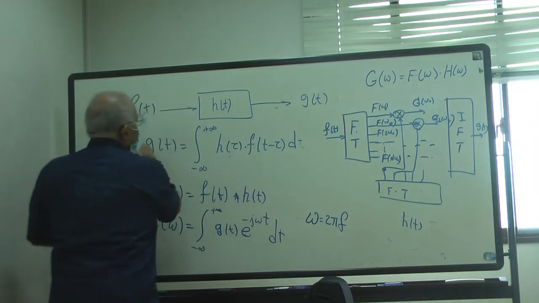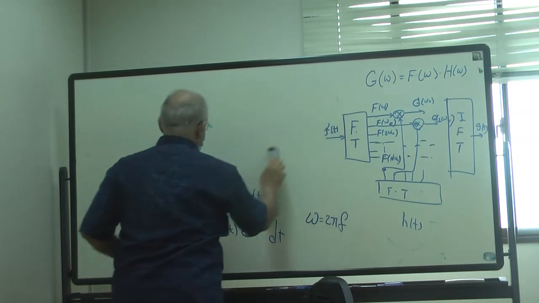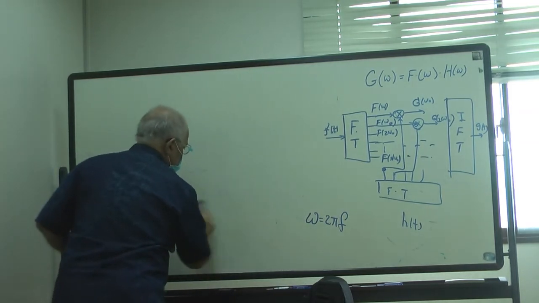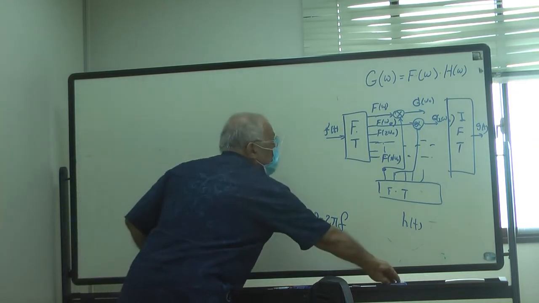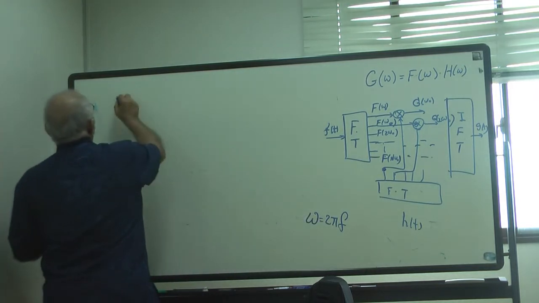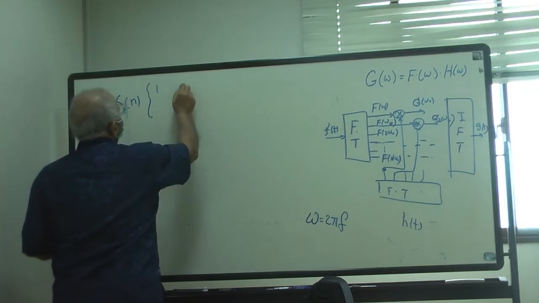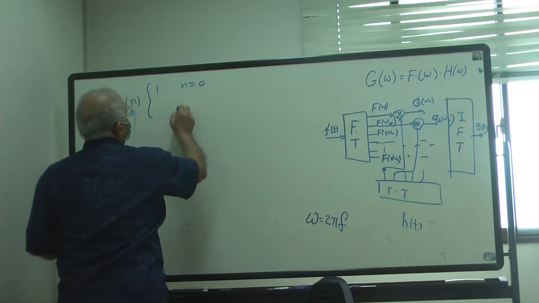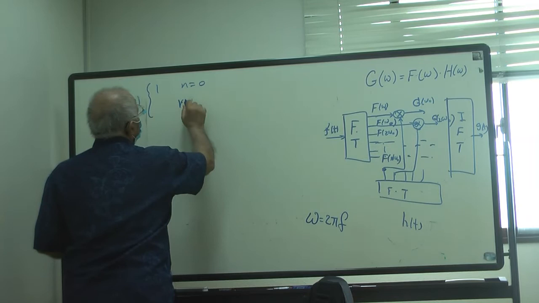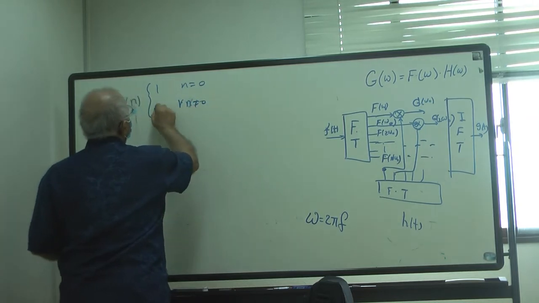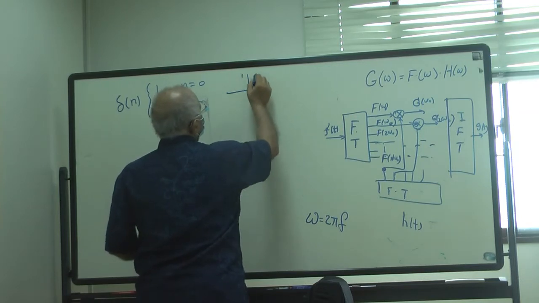When you go to discrete, things are different. You define delta n. Delta n is simple: it is 1 for n equals 0, and 0 for n not equal to 0. So it's simple, like I told you. This is delta n.